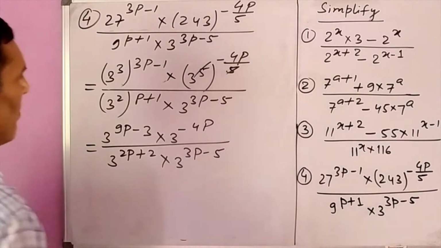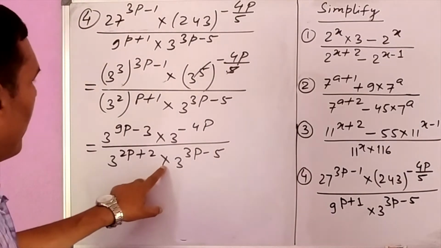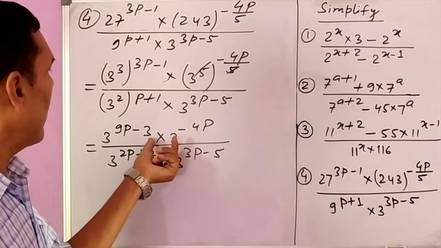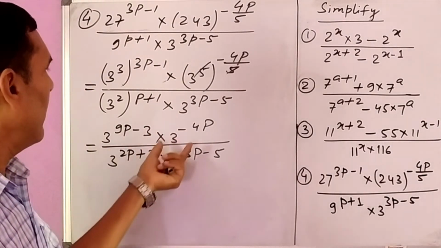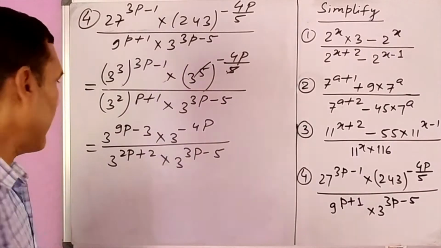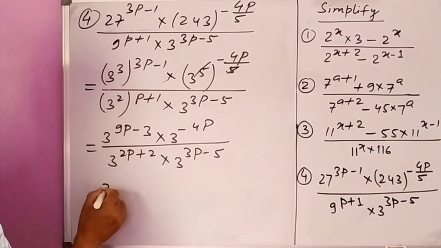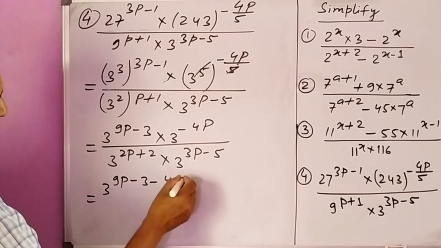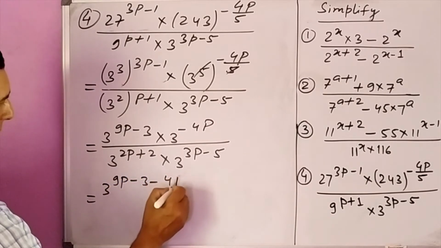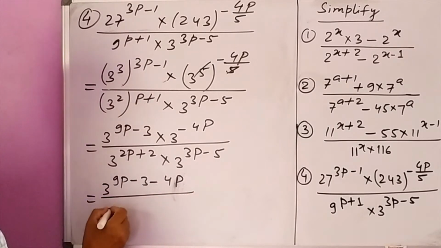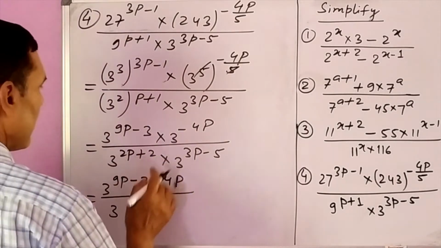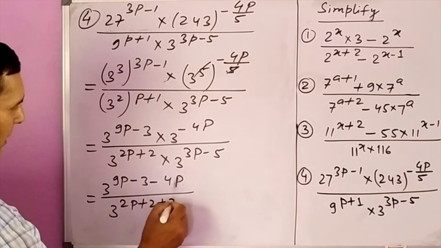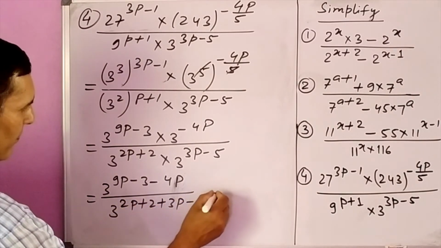Now on the same base the powers are added together, so all the powers can be collected together. I am adding the powers of base 3 in the numerator as well as in the denominator separately. So in the numerator, 3 to the power 9p minus 3 minus 4p, upon the denominator, on the same base powers are added together, 2p plus 2 plus 3p minus 5.